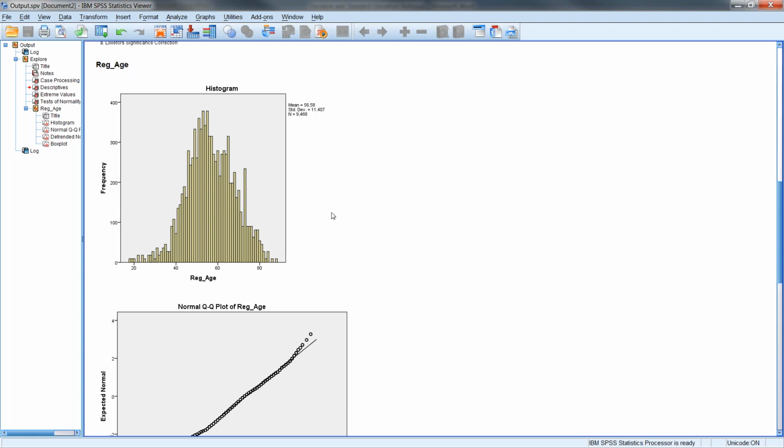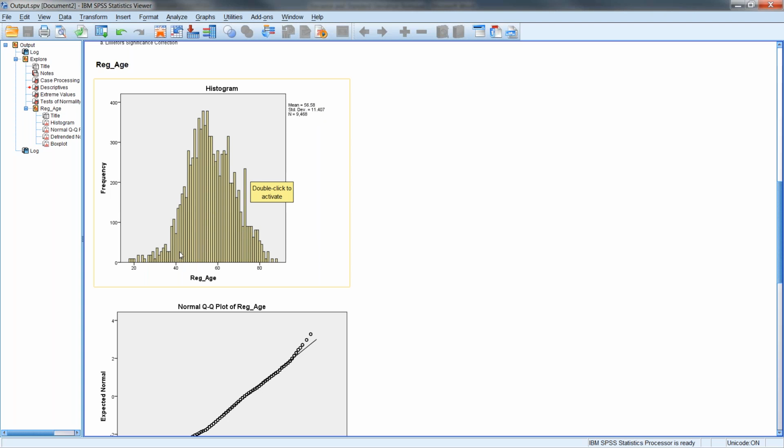What we have to do, since we have an average here, is subtract this mean value of 56.58 from all the other values we got for age, so you will end up with some negative values, right?